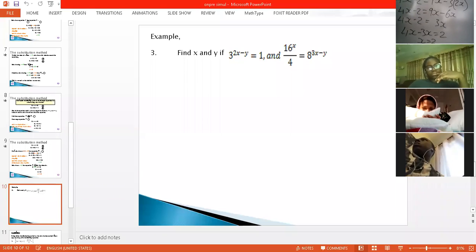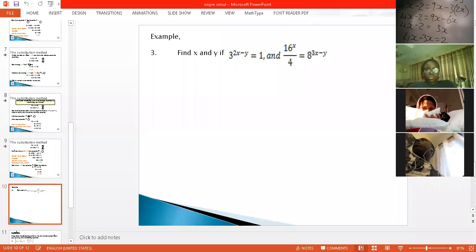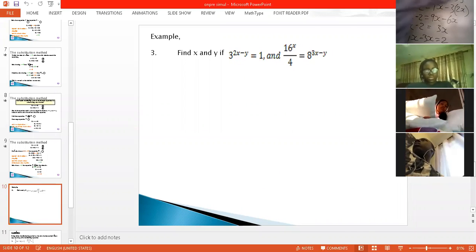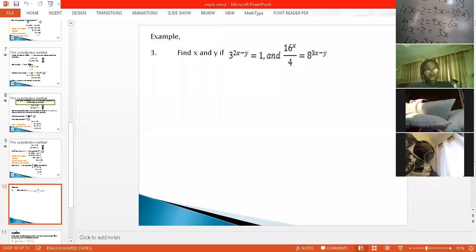Okay, can you all see that? x equals 2. Now, note that we have variable y to be 2x, and that x is equal to 2.